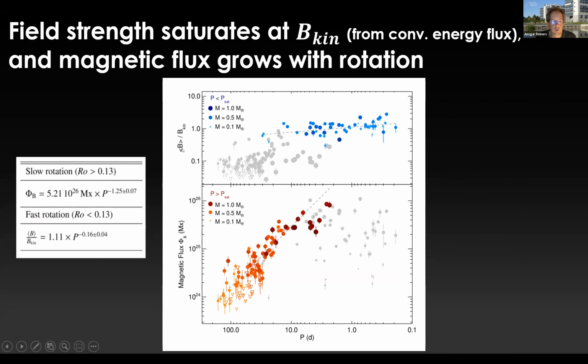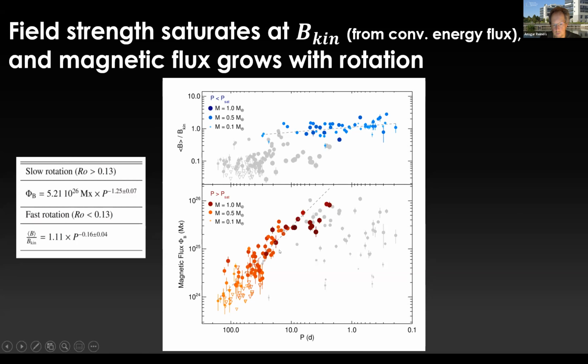We chose to use average field over the maximum, what we call the kinetic field limit here. And you can see that it is pretty much the same. They all seem to saturate at something that we call the kinetic field limit. And for the slow rotators, they follow a relation to the rotation period of their magnetic flux in this case.